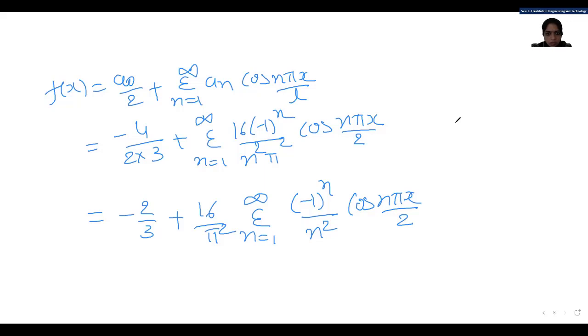Yash Panchal asks, why the value of L is 2, not minus 2? Okay Yash, see, our integral is what? Our integral is minus L to L, okay?